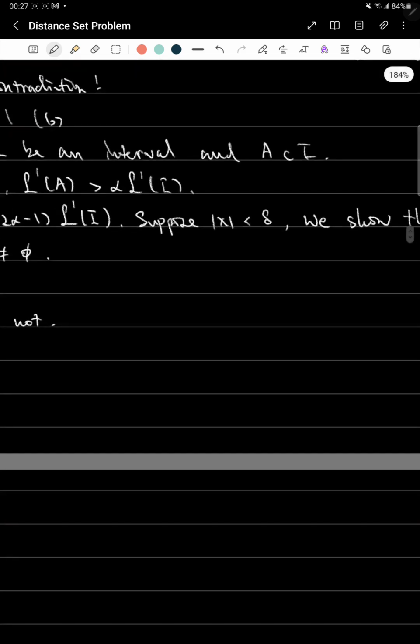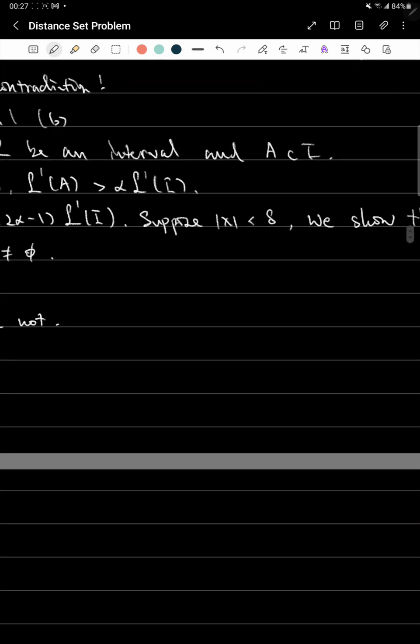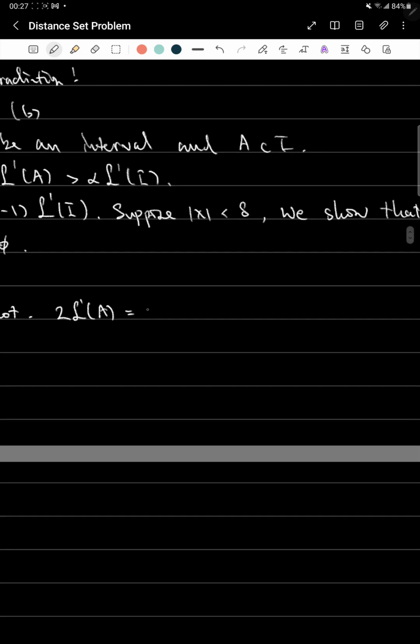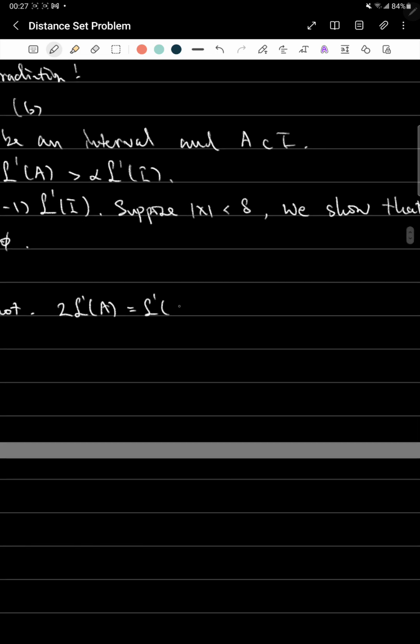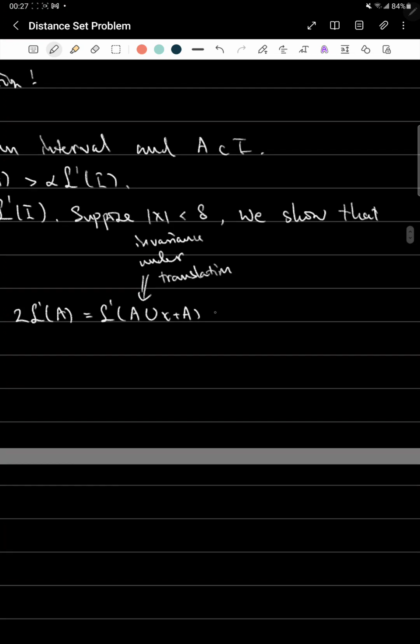And then what do we have now? Before doing something else, let's do some manipulation to the Lebesgue measure. For example, 2 times the Lebesgue measure of A is actually the Lebesgue measure of A union x plus A, and this is by the translational invariance, invariance under translation, which is something that we do want.